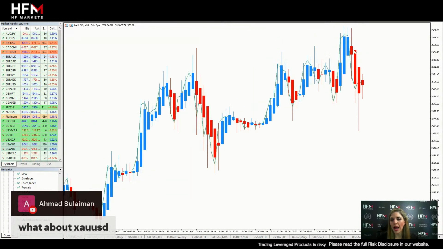Even though we have seen a quick pullback, right? This is a 30-minute chart for gold. The fact that we have quickly seen a reversal from the record highs indicates some partial take profit conditions.